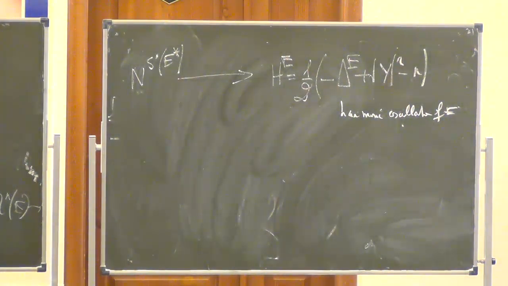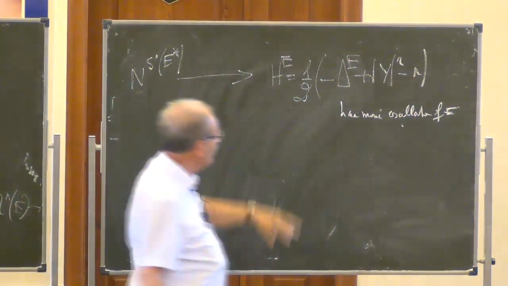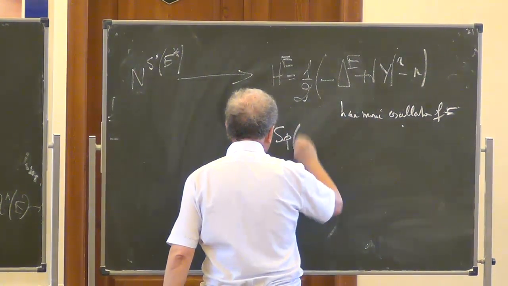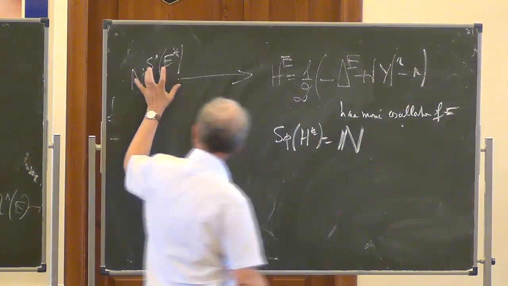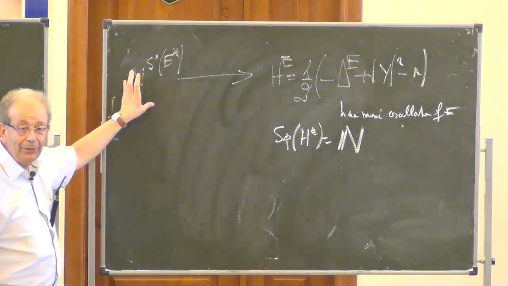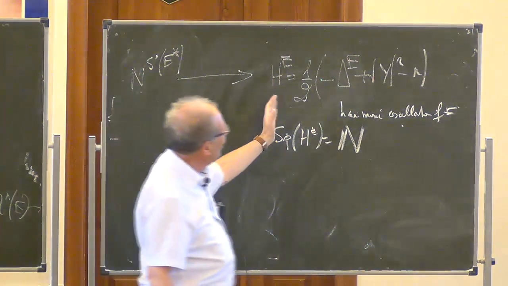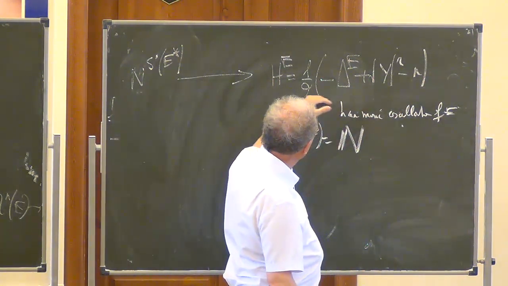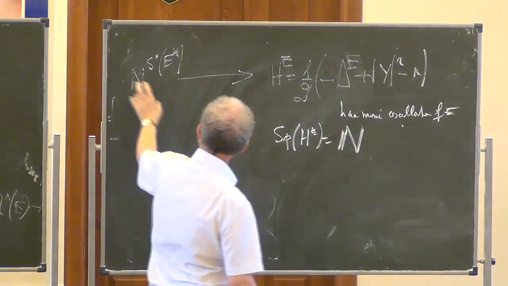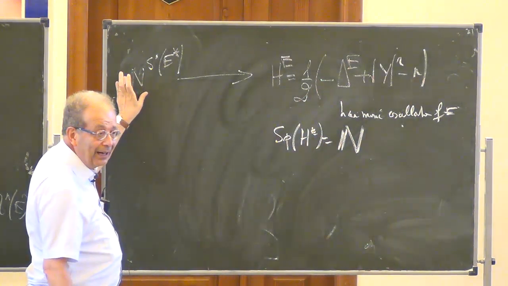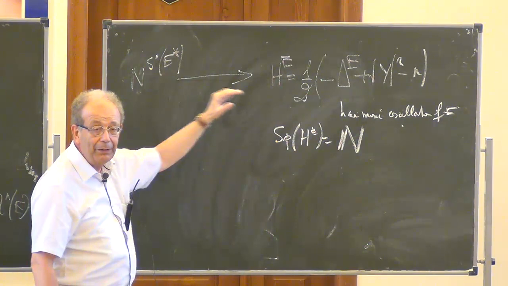Because these two spaces are isomorphic, you discover also that the spectrum of HE is equal to the integers, because the spectrum of this one was given by the integers. And besides, you even find the canonical diagonalization. You find the eigenvectors, because this operator is obviously diagonalized, and so you get the eigenvectors of this one by applying the Bargmann map.